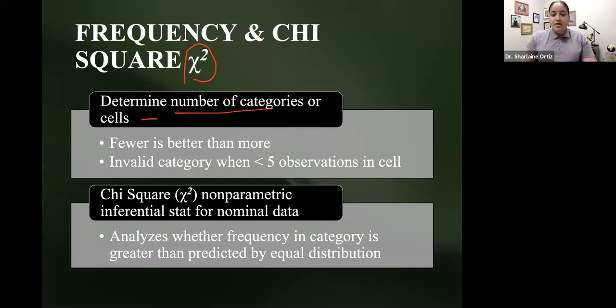Now, notice that fewer categories is actually a good idea, because the more categories we have, the less likely we will be able to note if these differences were merely because of coincidence.